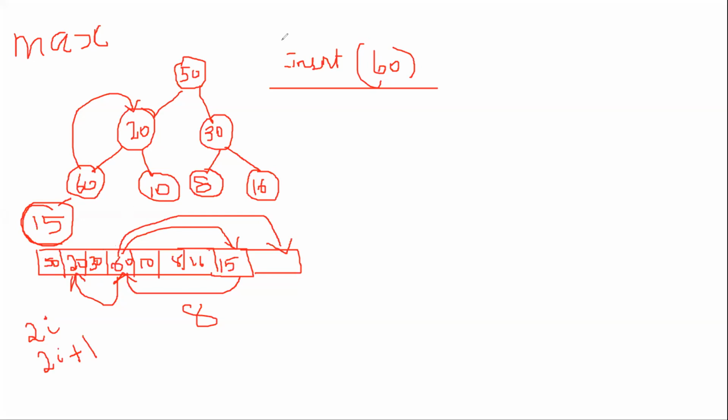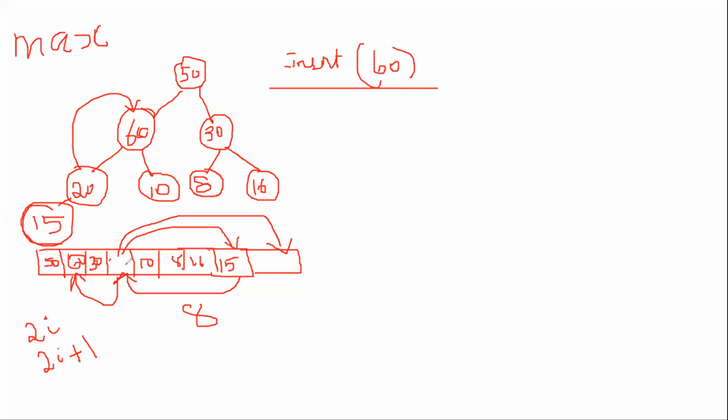Then 60 is replaced here in the same way. 20 comes over here and 60 comes here. Similarly it will happen in the array too: 60 comes over here and 20 comes there.